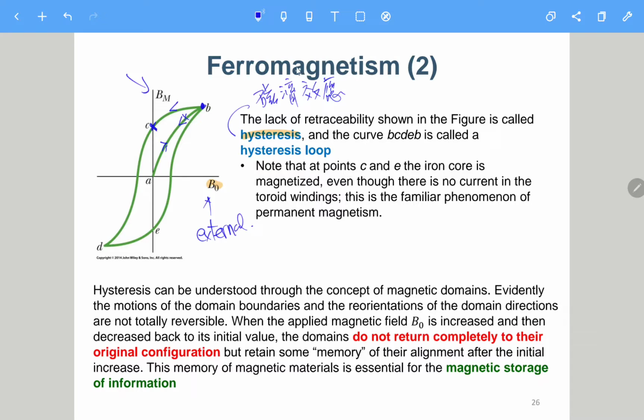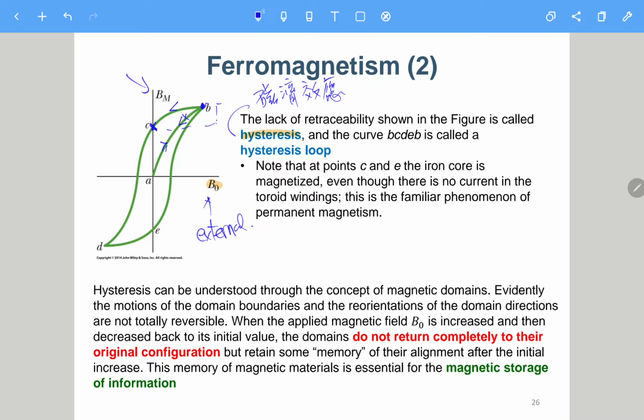So it feels like the ferromagnetic material has some sort of memory, because it remembers the magnetic field is pointing in the positive direction, even though this is slightly smaller.